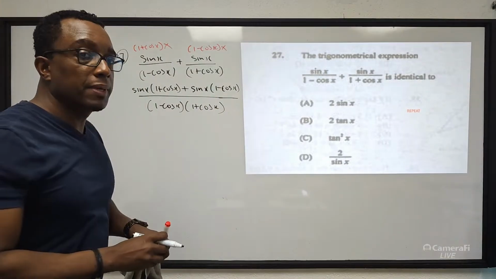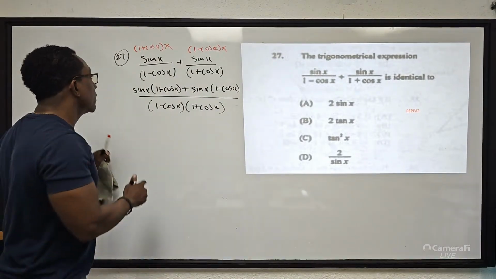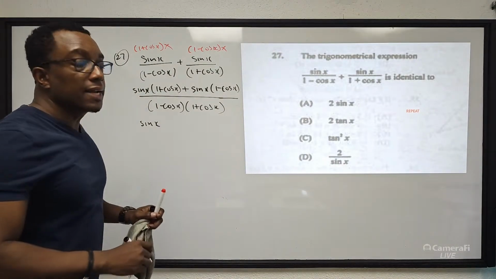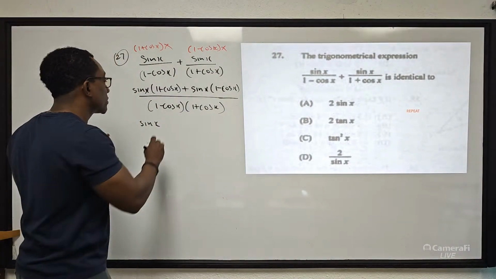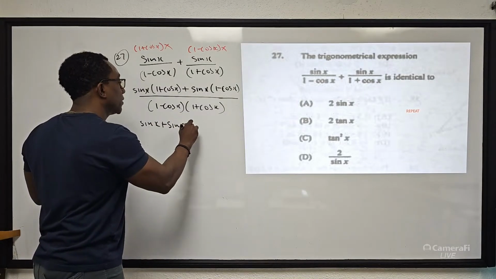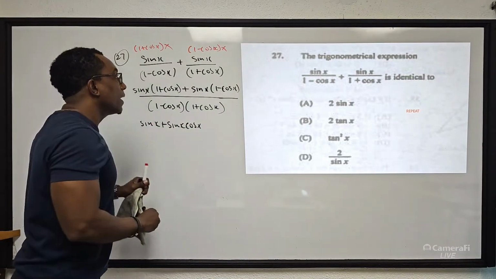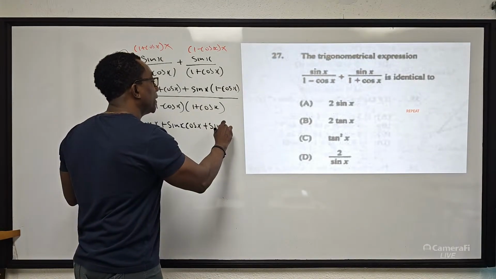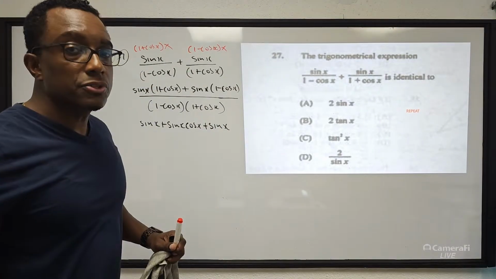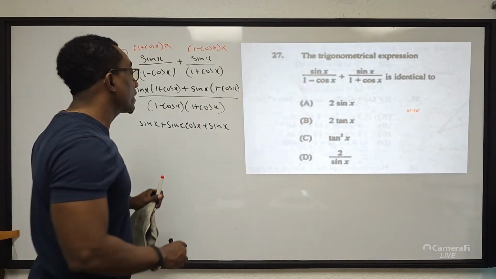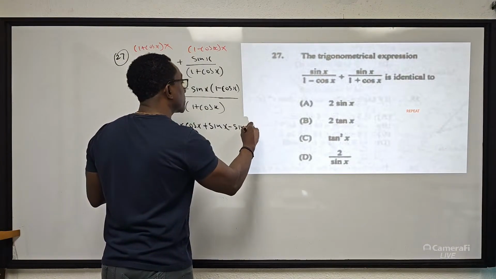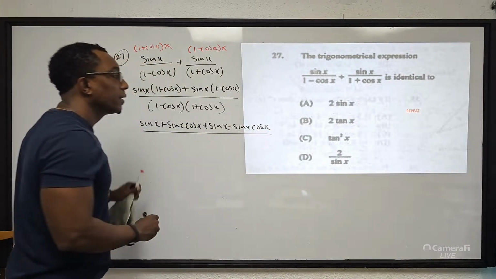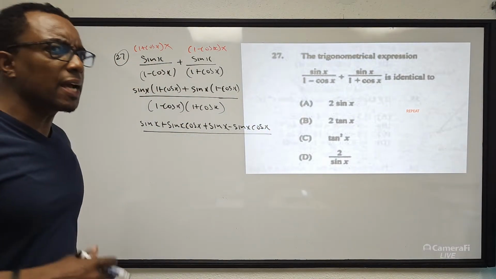What I can comfortably do now is remove my brackets. So this is sine x by 1 is sine x, and sine x by cos x, this will be plus sine x cos x. And let me remove my second bracket. Plus sine x by 1 is plus sine x, and plus sine x by negative cos x is negative sine x cos x over, I have my denominator, which I will expand.